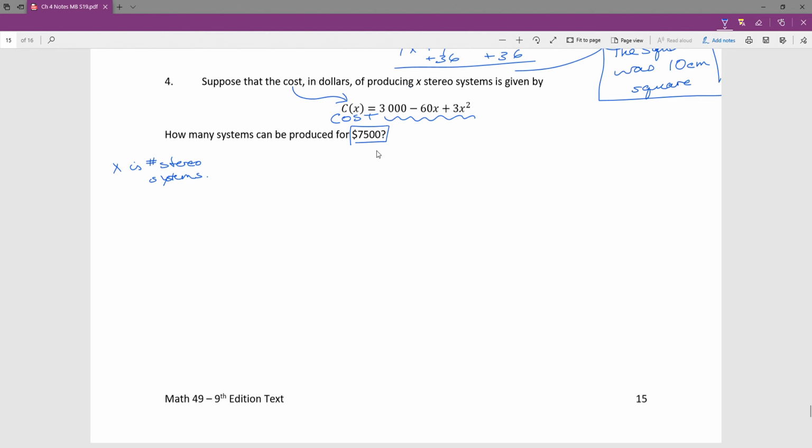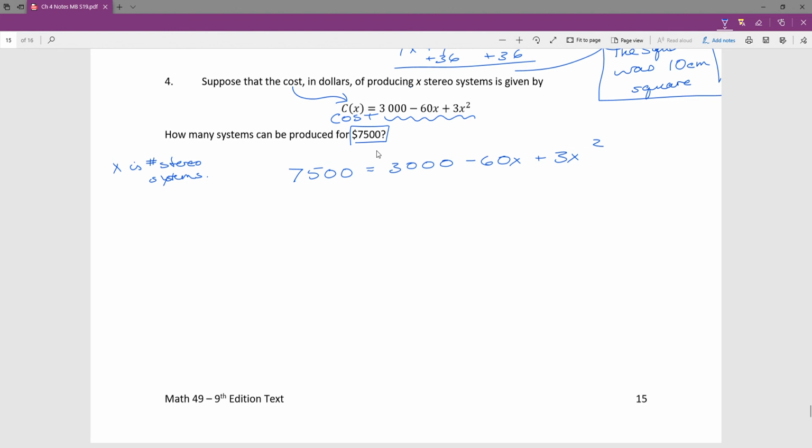And so what we're going to do is put $7,500 in for the cost and then copy the rest of this. I'd want to put this into standard quadratic form so I can factor it and apply the zero product principle to solve for X, which is the number of stereo systems.